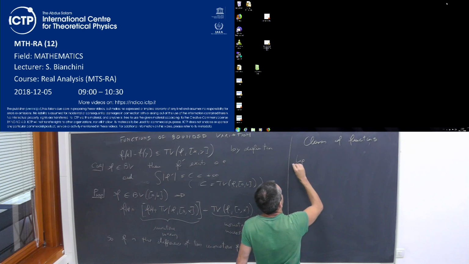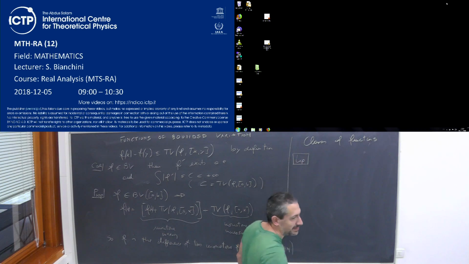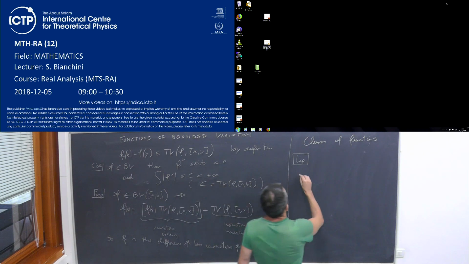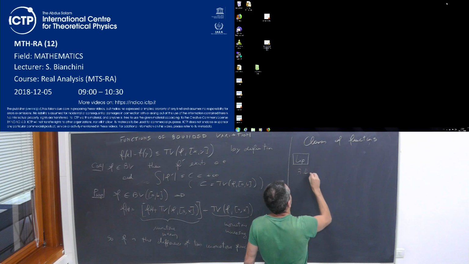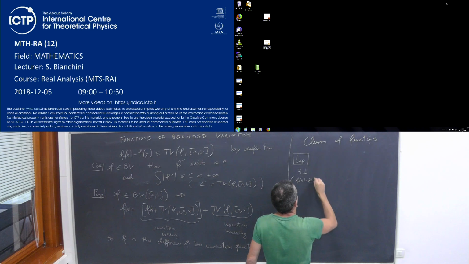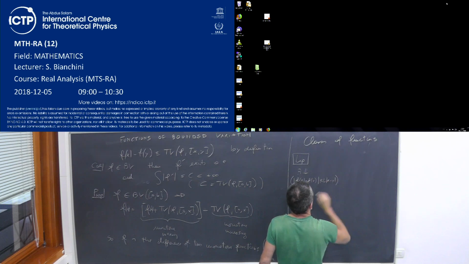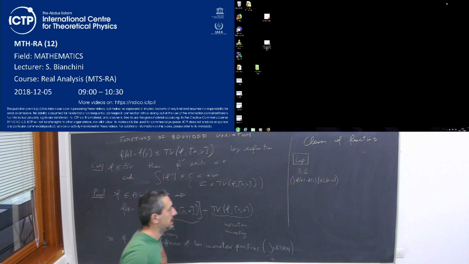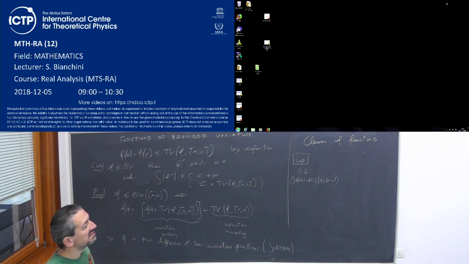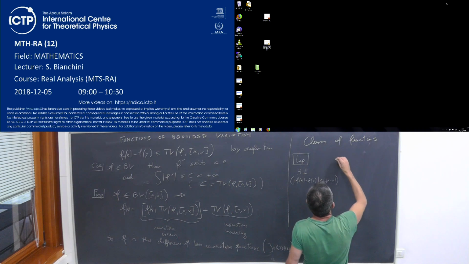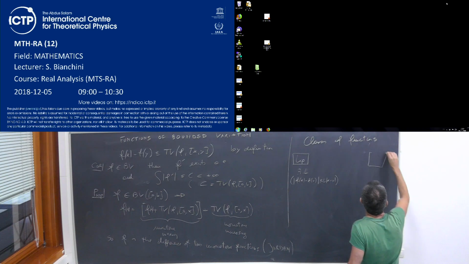The easiest are the Lipschitz functions: the functions such that there exists L, and |f(x) - f(y)| is less or equal than L|x - y|. This is what we used earlier. Then we have the functions which are bounded, let me put it here.